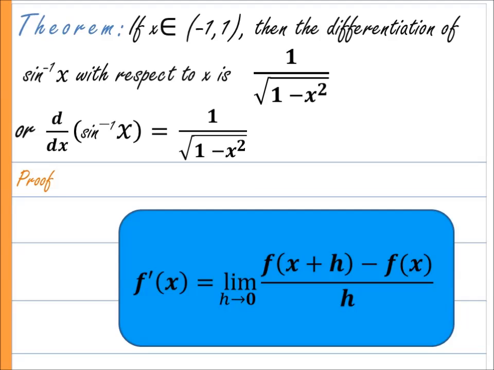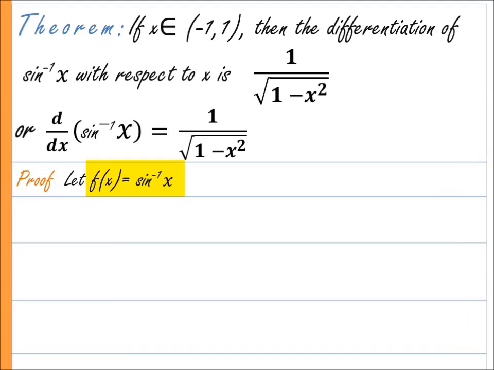So now in this case, our function f of x is equal to sine inverse x. And what will be the value of f of x plus h? Now f of x plus h will be equal to sine inverse of x plus h.